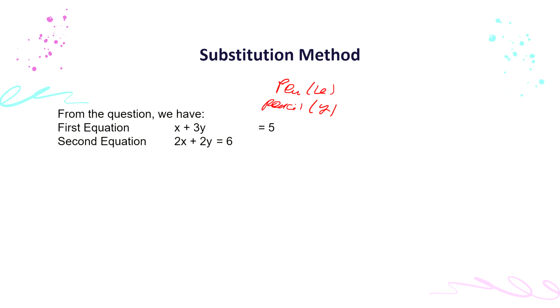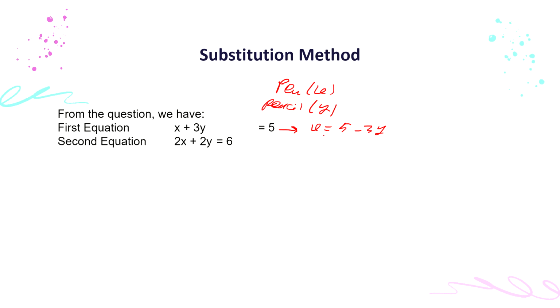Using the substitution method, we can get the value of a pen and a pencil. The first step is we change one of the equations. Find the easiest one. In this case, I will use the first equation. So I get x is equal to 5 minus 3y.